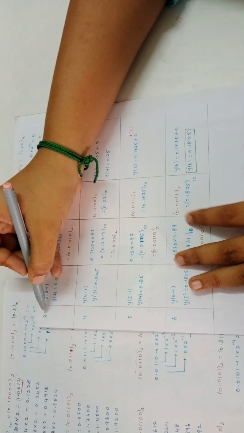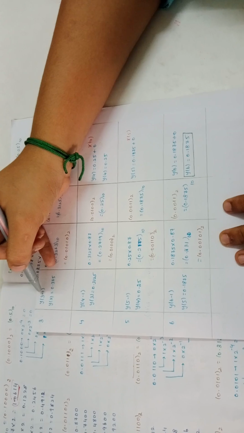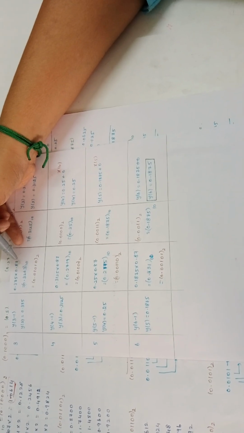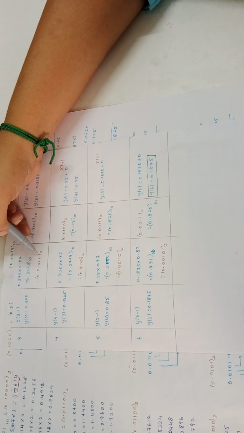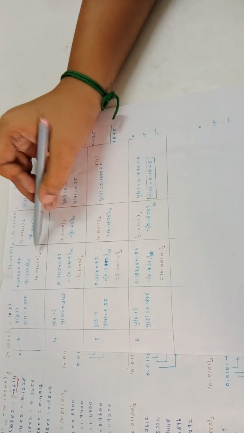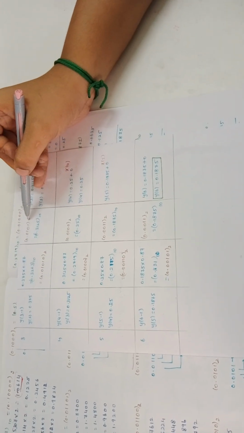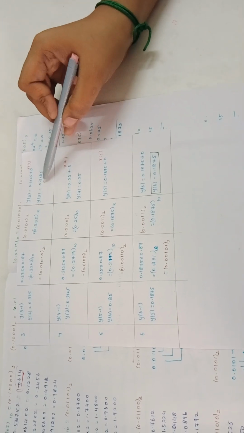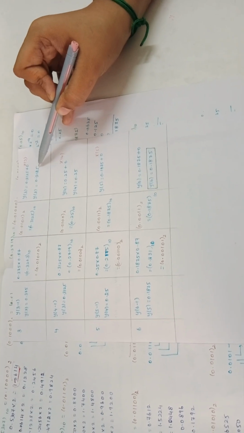Again consider n equal to 3. N equal to 3 means y of 2, and in the previous step we have y of 2 equal to 0.375. Multiplying it with alpha, we will get a decimal value, convert it to binary, and then do the rounding off process. After rounding off, convert this binary to decimal and substitute in the final formula, and we get y of 3 equal to 0.3125.